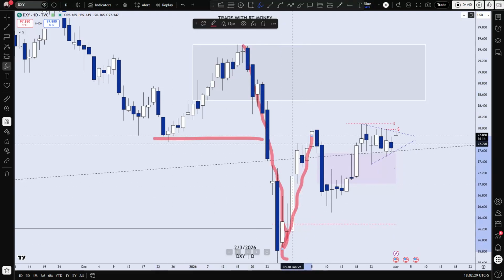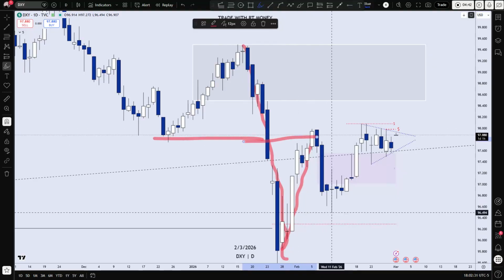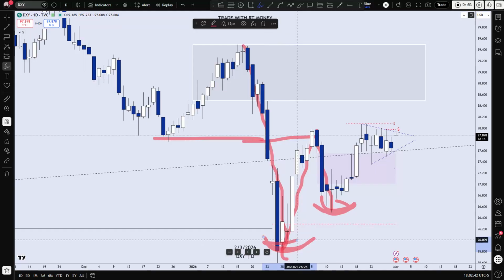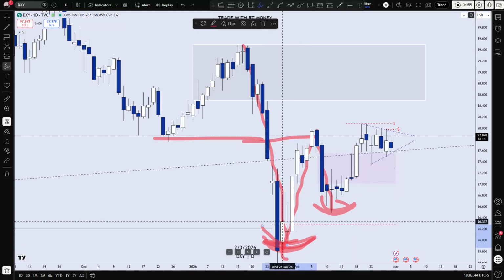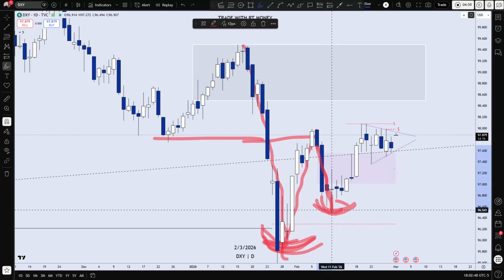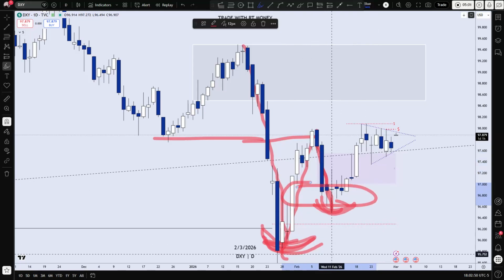The market came back to mitigate that area of fair value, didn't it? It pulled back, and you can see that this high protected this high. Sorry, this low remained protected. We have price moving back into that low, which is a fair value gap here.